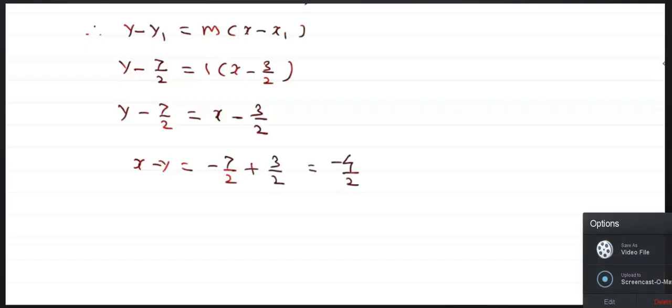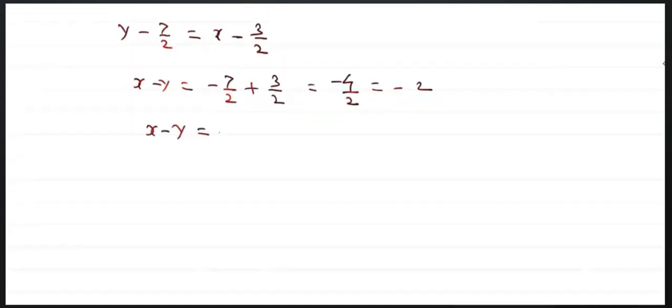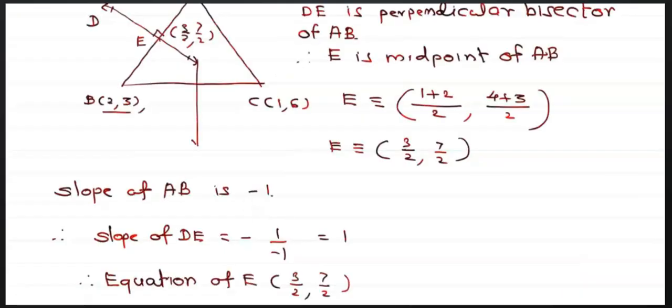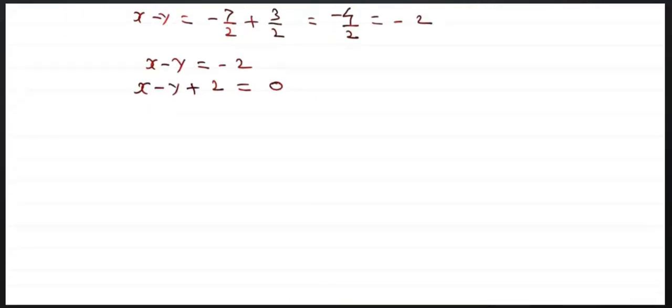Which is x minus y minus 7 by 2 plus 3 by 2 minus 4 by 2, that is equals to minus 2. Therefore, x minus y is equals to minus 2, or x minus y plus 2 is equals to 0.